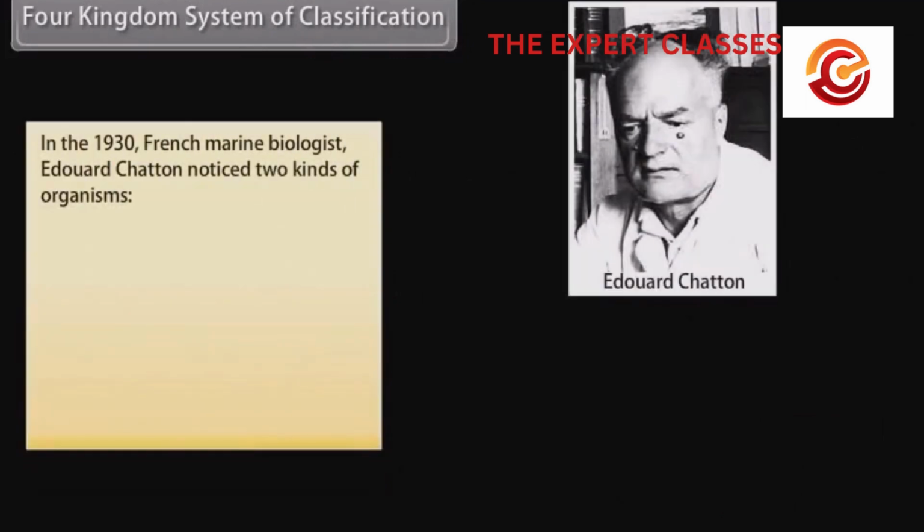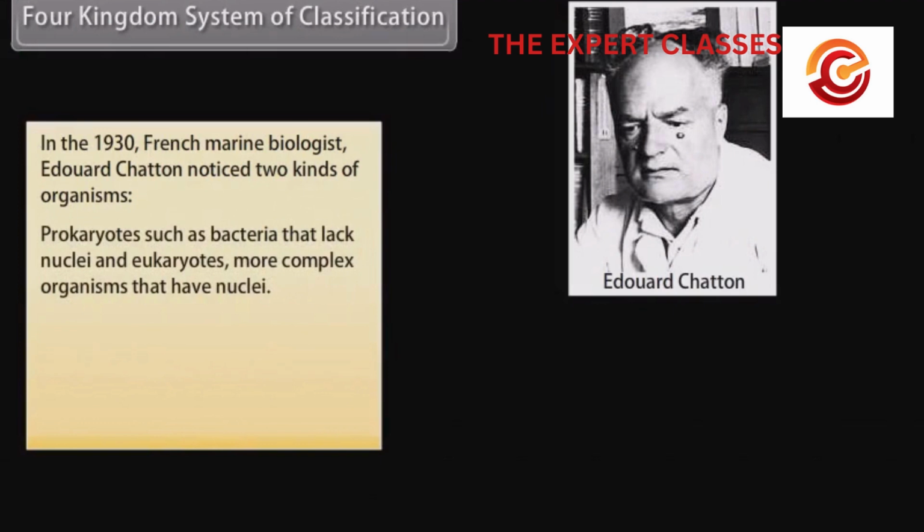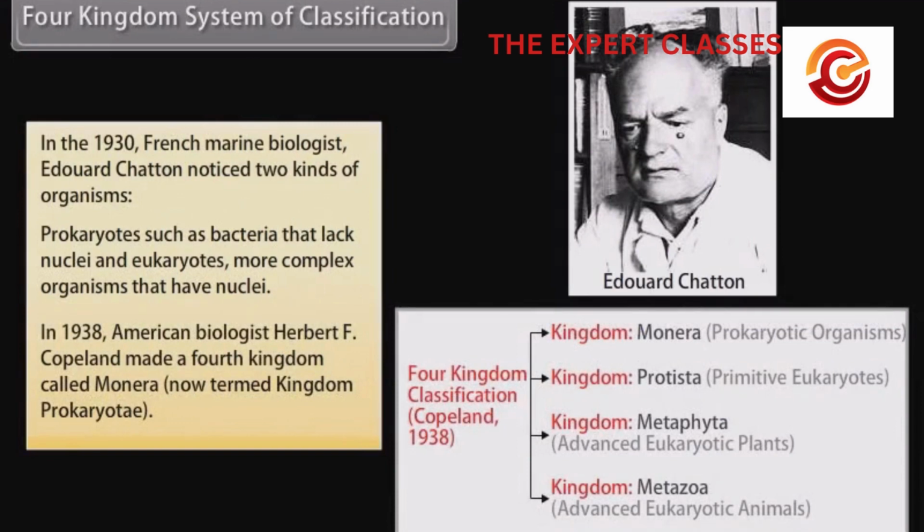In the 1930s, French marine biologist Edouard Chatton noticed two kinds of organisms, prokaryotes such as bacteria that lack nuclei, and eukaryotes, more complex organisms that have nuclei. In 1938, American biologist Herbert F. Copeland made a fourth kingdom called Monera, now termed Kingdom Prokaryote.